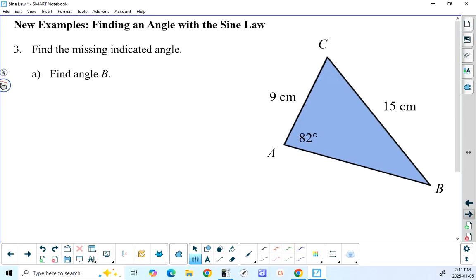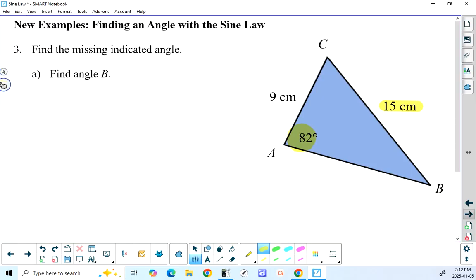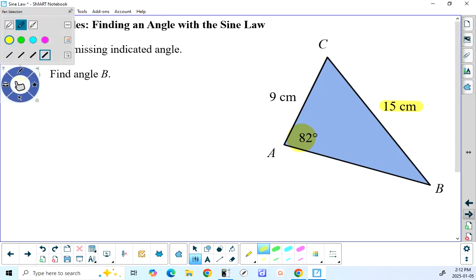Nothing has changed, everybody, in terms of a strategy. If you want to use the sine law, then you need to know a complete pair. And we do. We know one of the angles is 82 degrees and the side across from it is 15 centimeters. If you want to find a missing thing, angle B in this case, then you need to know the side across from it.